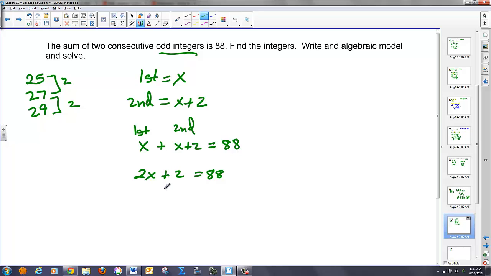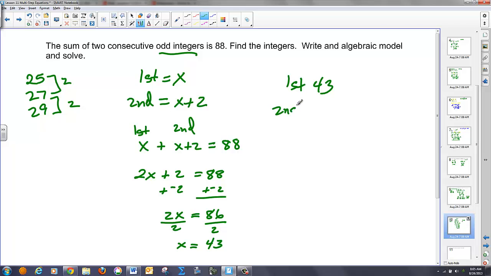I'll add a negative 2 to both sides to undo. Get an 86 is equal to 2x. Since 2 goes into 86 evenly, I will just divide both sides by 2, giving me x equals 43. And I'm looking for 2 consecutive odds, so my first is 43.